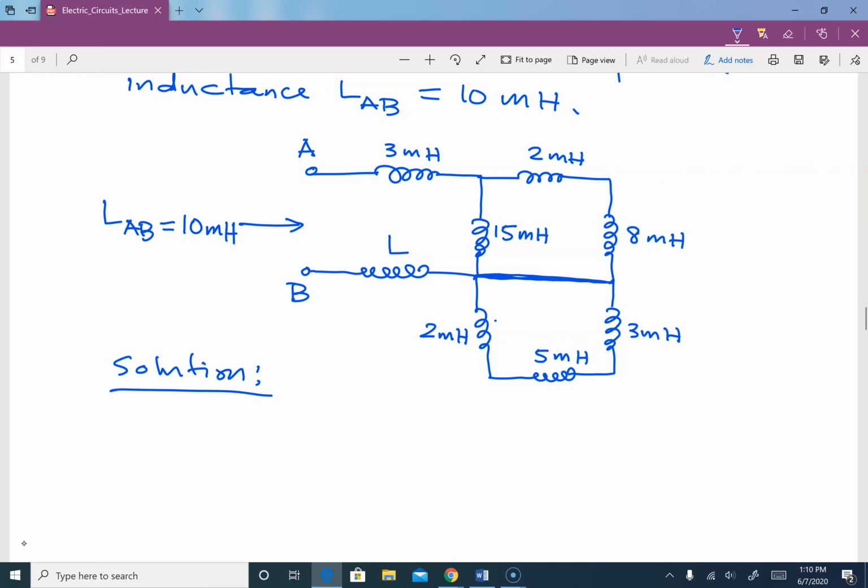So if we assume that we are going to have a current flow in here, this current is going to split here and over here. So when the current comes over here, the whole thing is going to go through this short.